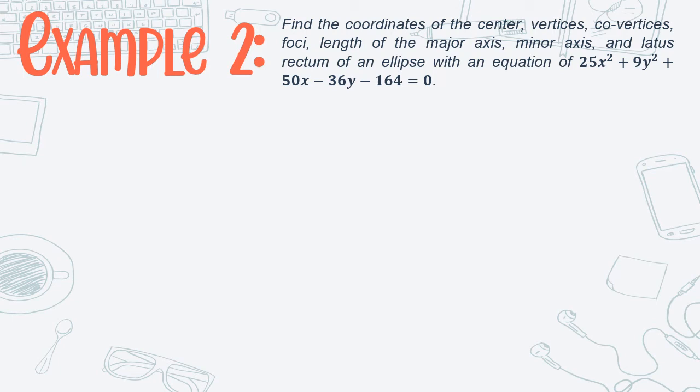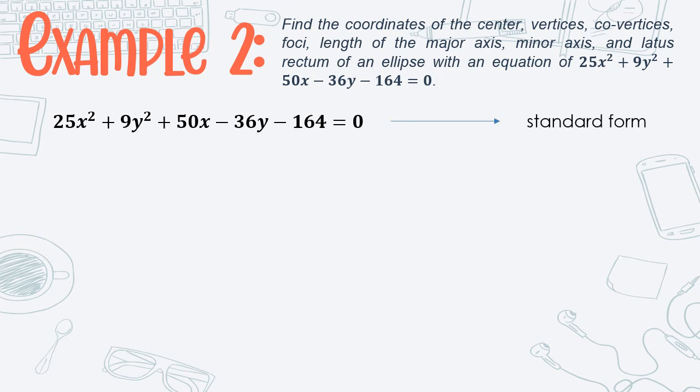Again, just like what we did in circle and parabola, we first have to convert this given general form of equation into its standard form. Again, how can we do that? By applying the completing the square method.